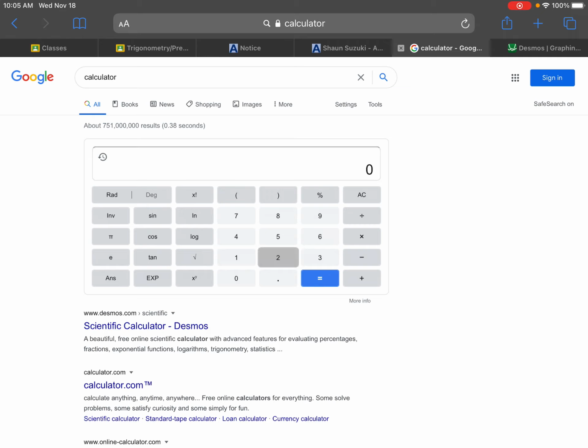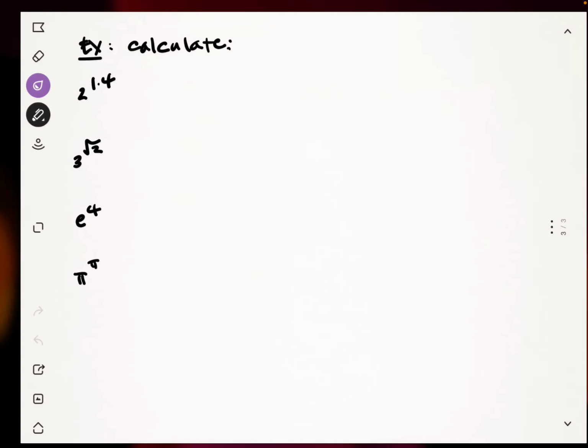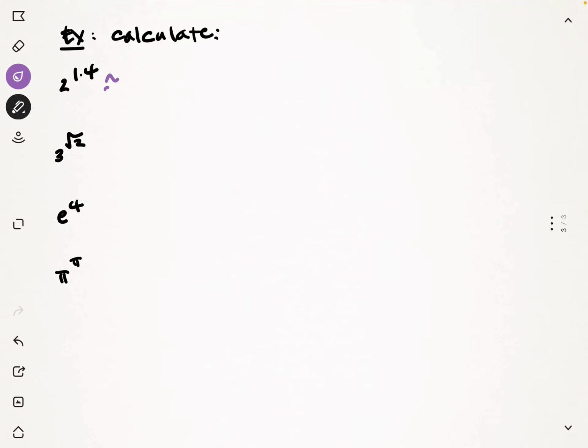So we're going to do 2, this button raises it to the power, and we just do 1.4. Hit equals, and let's round this to the nearest thousandth, so 2.639. I'm going to use the squiggly line because it's a round. 2.639.